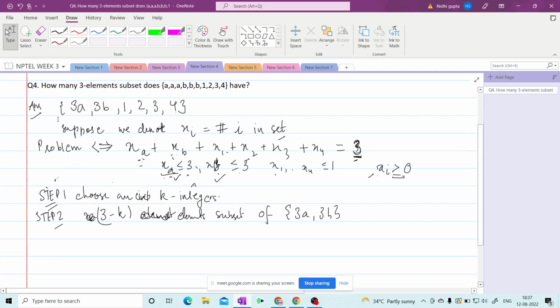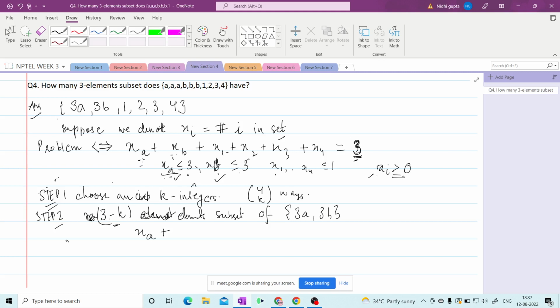Now for step 1, if we have to choose k integers from 4 integers, step 1 can be done in 4 choose k ways. For step 2, we have to solve this composition, because we have to choose 3 minus k objects. xa plus xb should be 3 minus k, and our condition that xa should be less than or equal to 3, xb less than or equal to 3 is redundant.